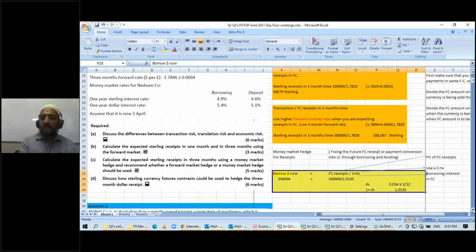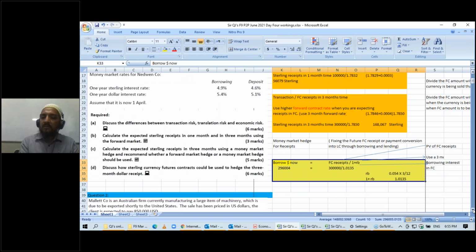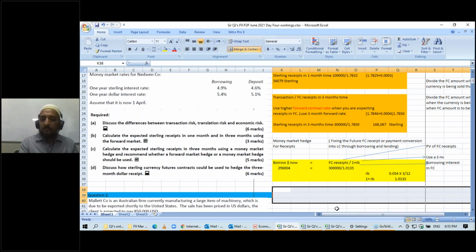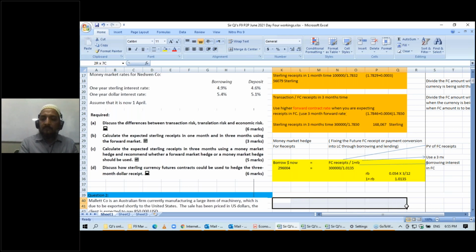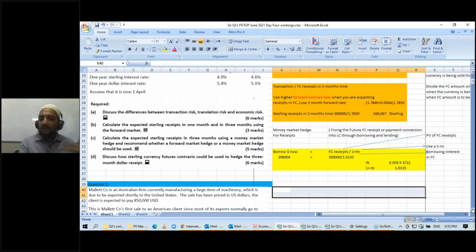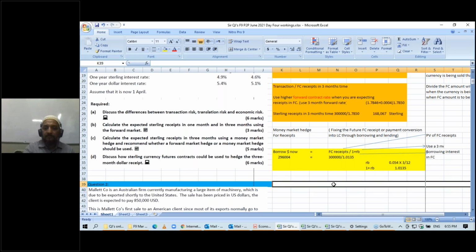Then once you get the dollars, $296,000 borrowed, sell them now in the spot market. Sell them in the spot market. Once you sell them in the spot market, go to the foreign currency dealer and convert it into local currency. So the next step will be converting it into local currency right now.